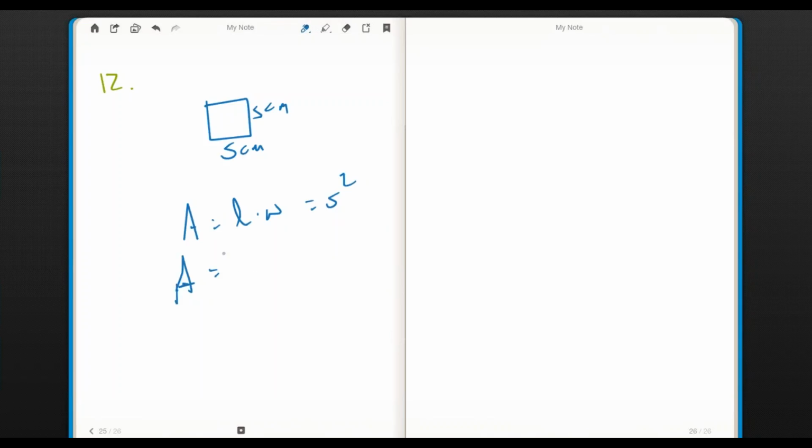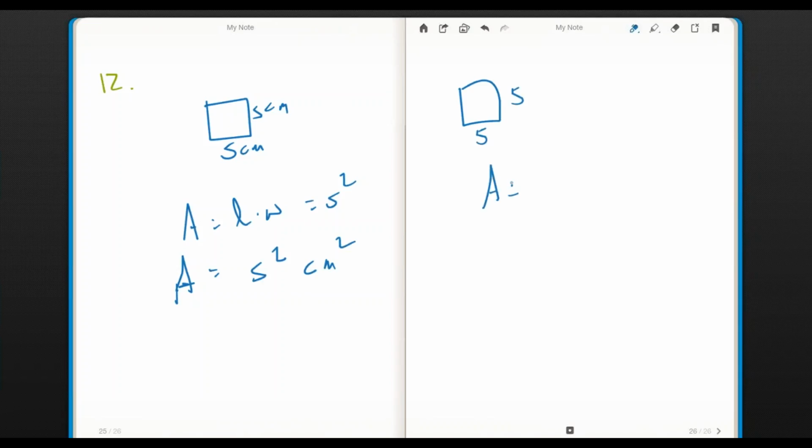Maybe it gets confusing because all these same letters keep showing up. It's S squared, but area is always in square centimeters. So if you have a square of length 5, the area is 25 square centimeters, they know that, but the reason it's that is because it's 5 squared, 5 times 5 centimeters squared.